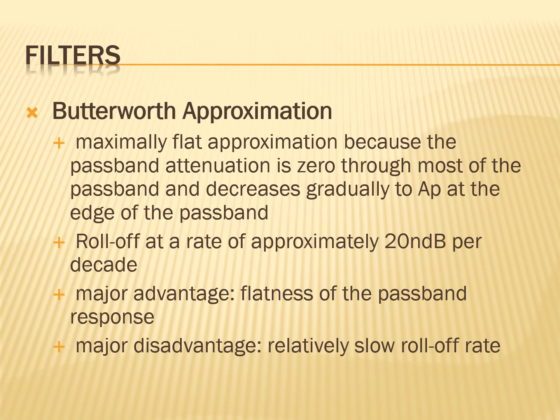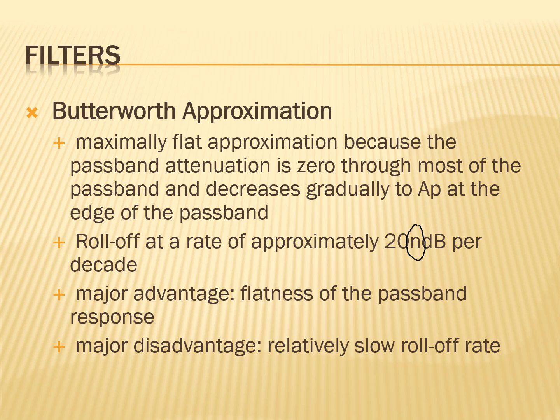The Butterworth approximation is also called the maximally flat approximation because the passband attenuation is 0, like in the ideal, through most of the passband, but it decreases gradually to AP at the edge of the passband. Okay, so we have the roll-off at a rate of approximately 20n dB per decade, wherein n is the order of your filter.